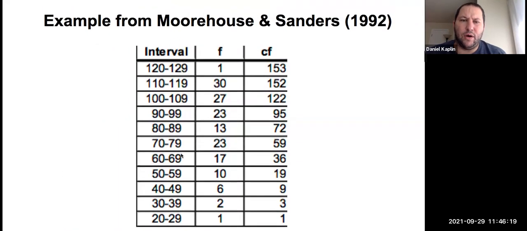So you may recall this Morehouse and Sanders data from the previous lecture, and we talked about calculating frequencies and cumulative frequencies from the table, right? So in a grouped frequency distribution, we said that one of the challenges is that we don't know the exact score unless we do a stem and leaf diagram.